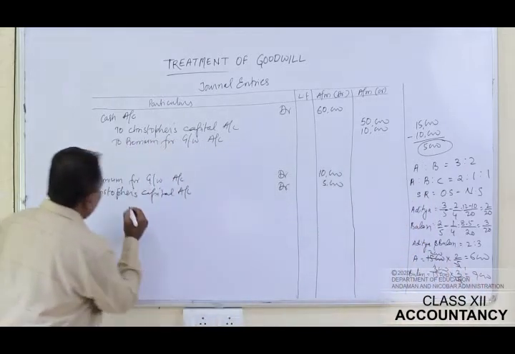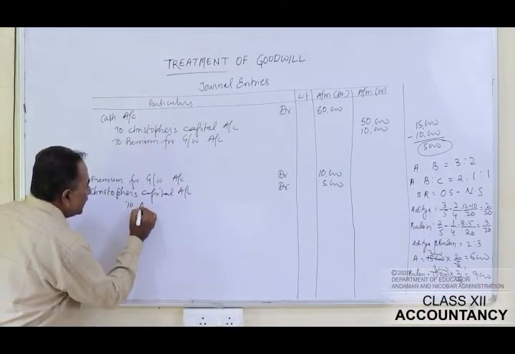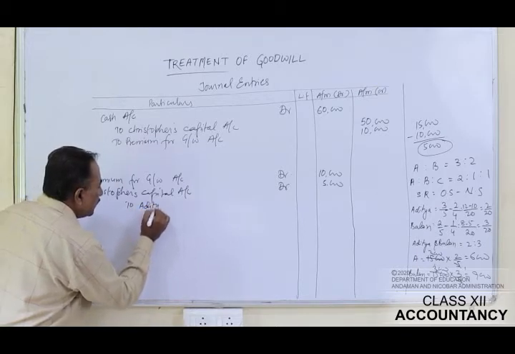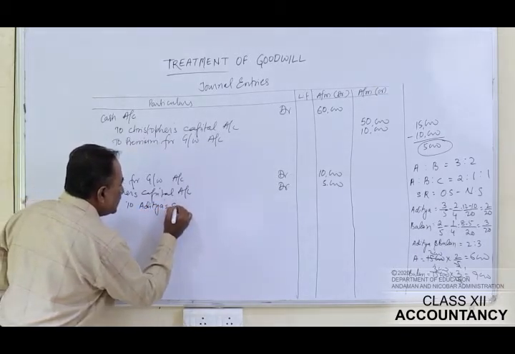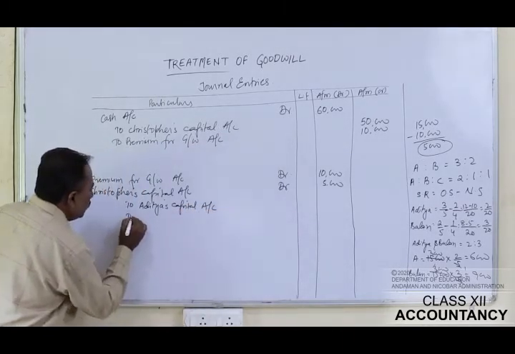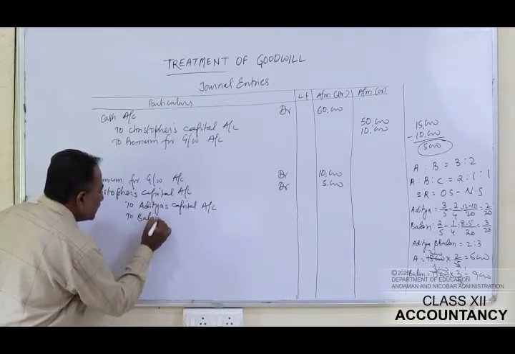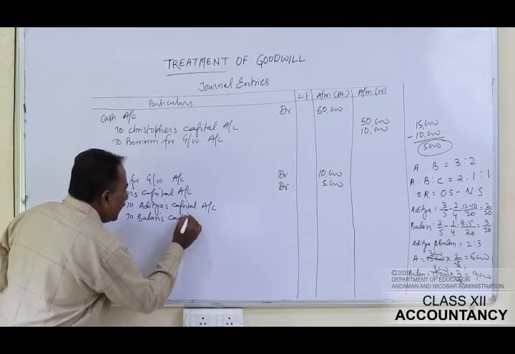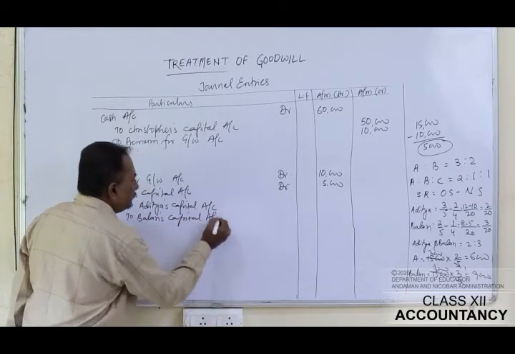So, here you have to write down: credit Aditya's capital account, credit Balan's capital account.